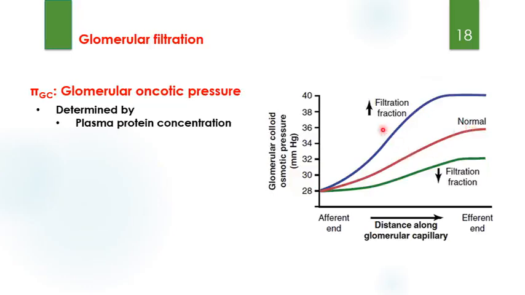But when filtration fraction increases, this increase in oncotic pressure to the efferent end will be much more severe, and if the filtration fraction is decreased for any reason, the amount of change of colloid osmotic pressure from afferent end to efferent end will be much smoother.